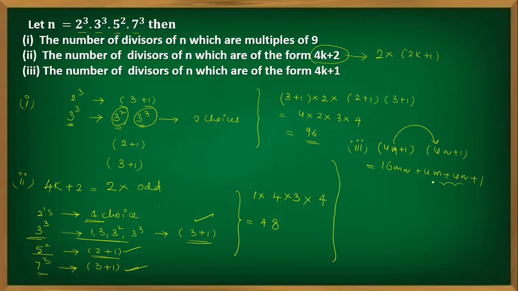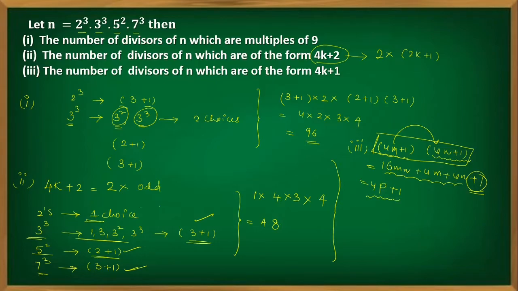If you take 4 common, you will get some integer, say p, and plus 1 is extra here. So it is again a multiple of 4 plus 1. Whenever you have a number of the form 4 multiple plus 1 and another number of the form 4 multiple plus 1, the result of multiplying these two numbers will again be of the form 4p plus 1.